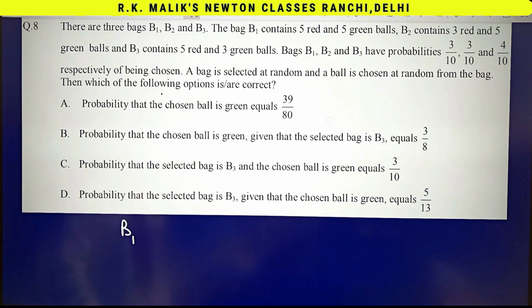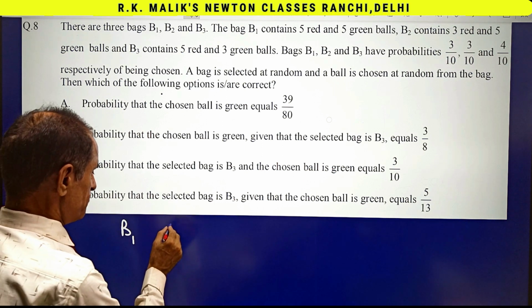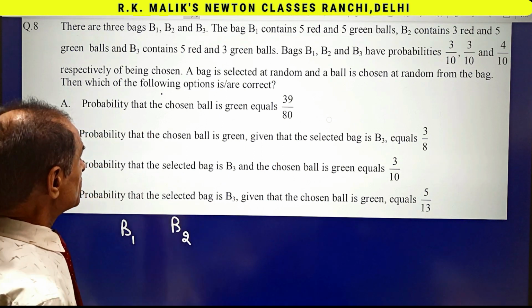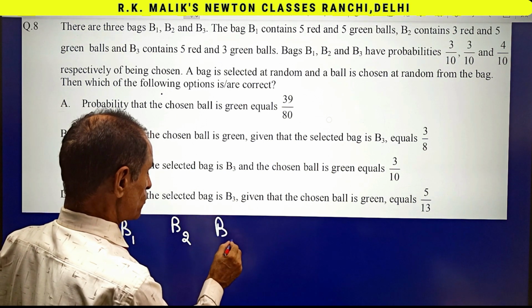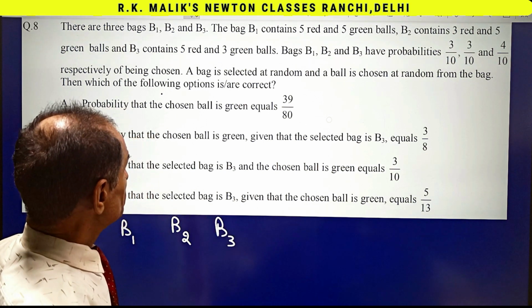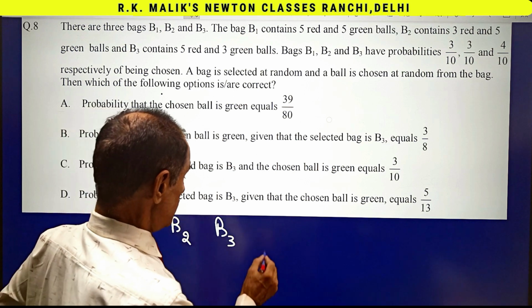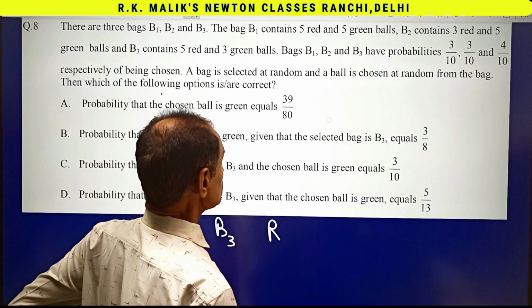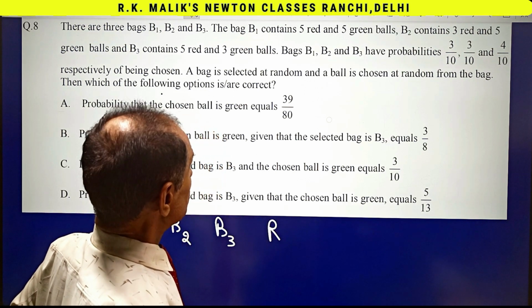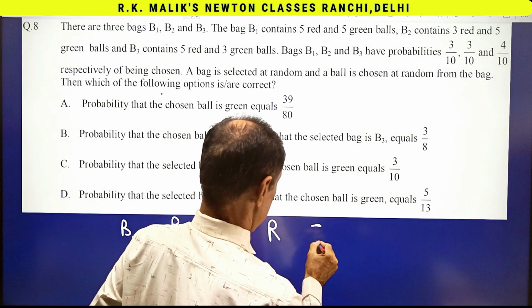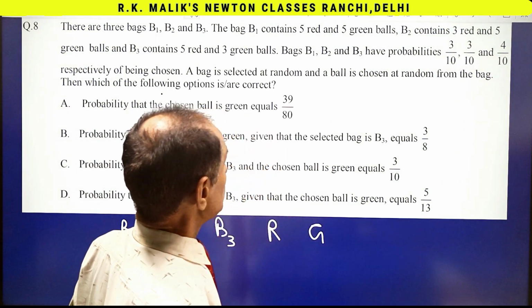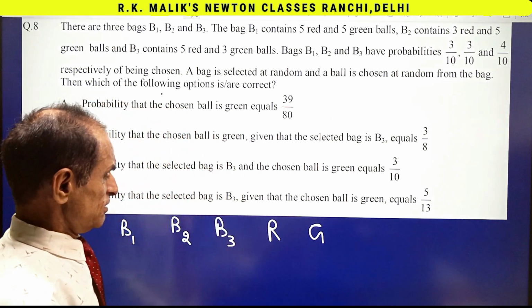B1 denotes the event that bag B1 is selected. B2 denotes the event that bag B2 is selected. B3 denotes the event that B3 is selected. R denotes the event that a red ball is selected, and G denotes the event that a green ball is selected.